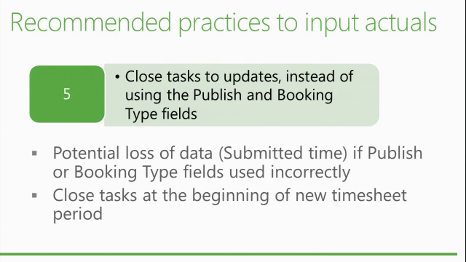So use this new option instead of using the publish and booking type. For each of the tasks, you have a flag that you can turn on or off saying, I want to publish or I don't want to publish, right? To me, it looks like a bit of a nightmare in the making because you don't really know what has been published and not. It reminds me of the 2003 version where you could do the same thing, right?